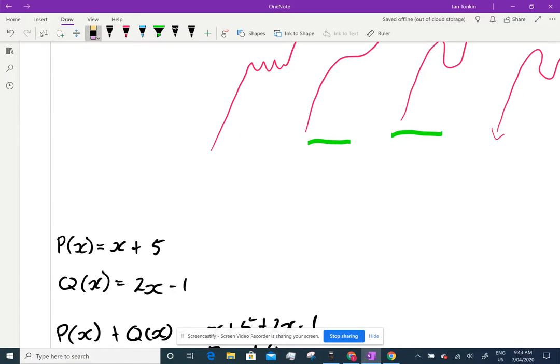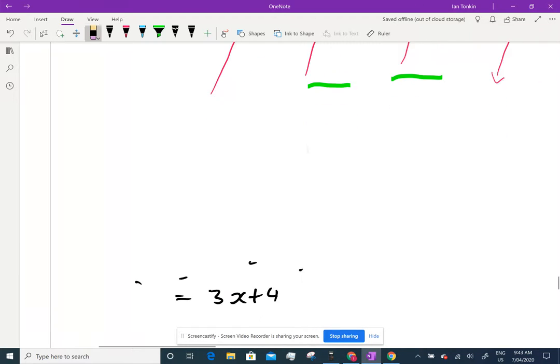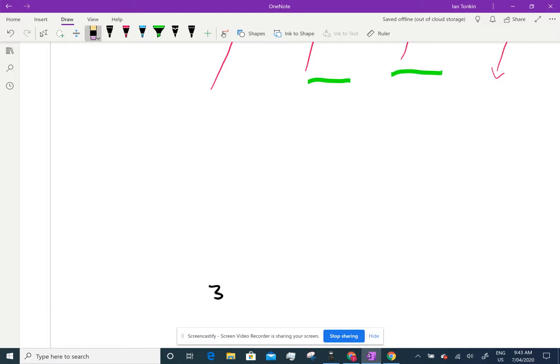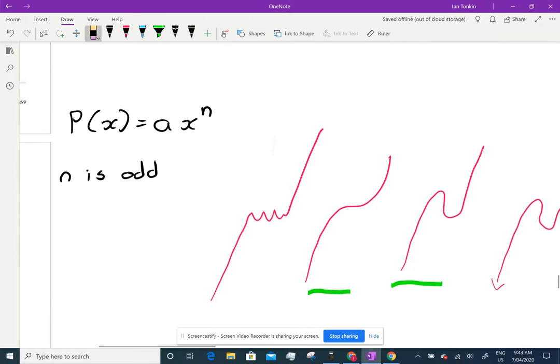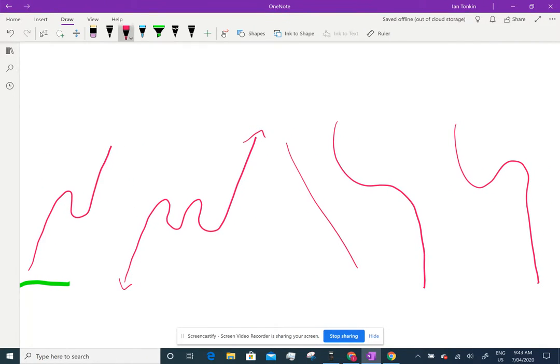So any polynomial will take that shape if n is odd. If, however, n is even, and by the way, we're disregarding 1 because 1 is just a straight line. So yes, 1 does that as well. If it's a positive, it's a negative straight line if the power is 1.